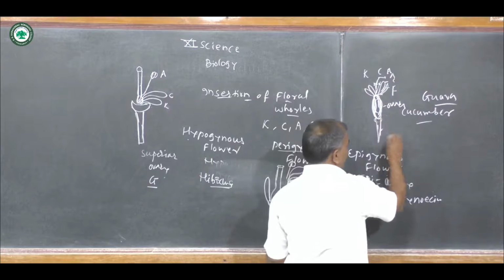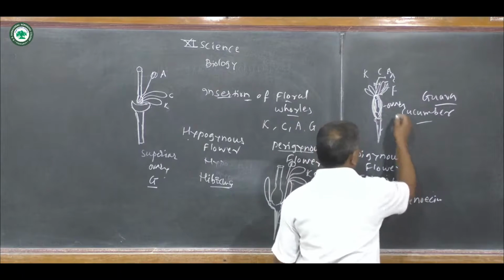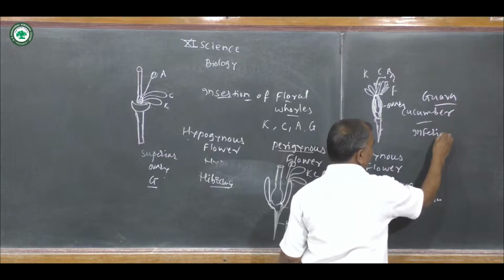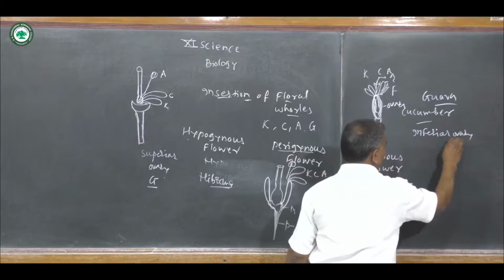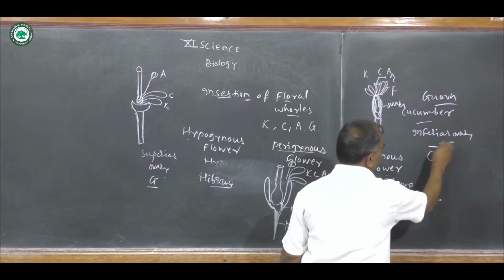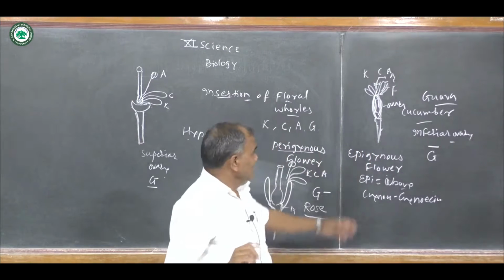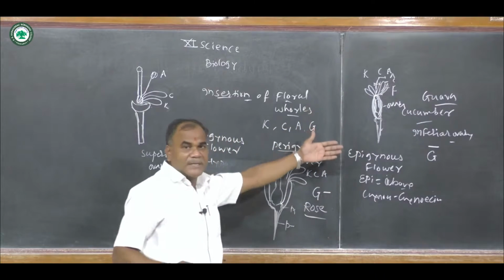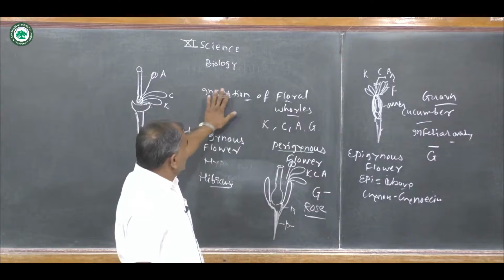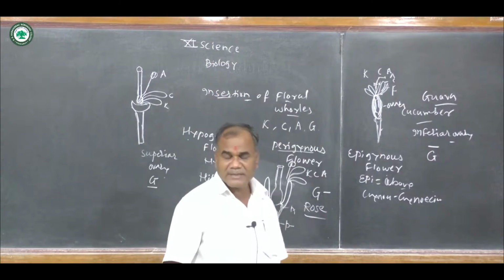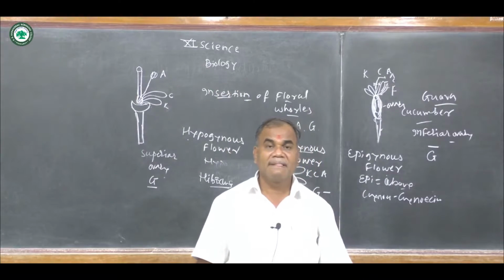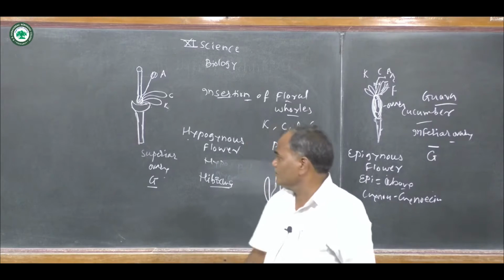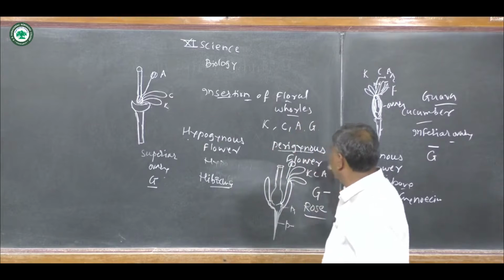These flowers have an inferior ovary. The best examples are guava and cucumber. So if we see the insertion of floral whorls, the arrangement of calyx, corolla and androecium below, at the middle or above the gynoecium, there are three types: hypogynous, perigynous and epigynous flowers.